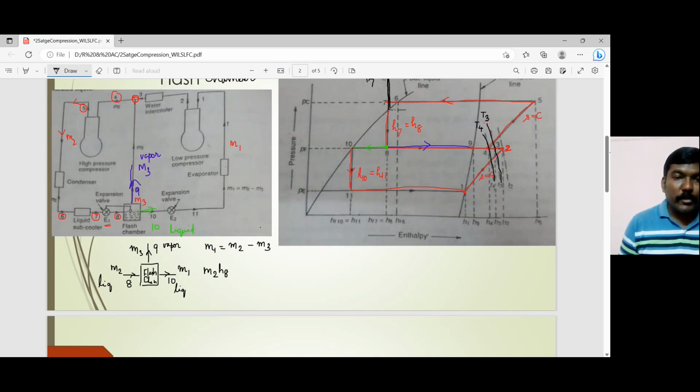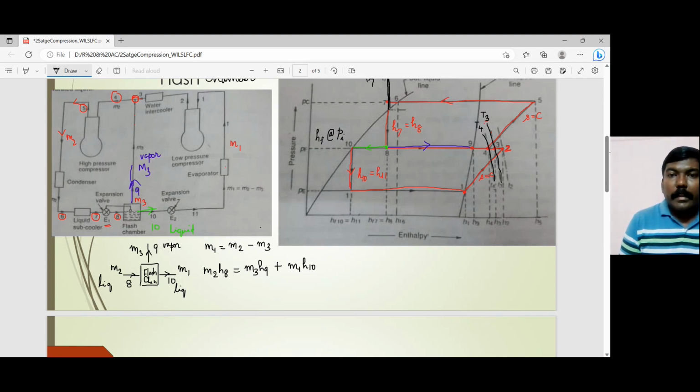So it is M2H8. This is equal to M3H9 plus M1H10. Okay, you can also call this H11. H10 is equal to H11, and both of them are nothing but hf at the intermediate pressure PI.